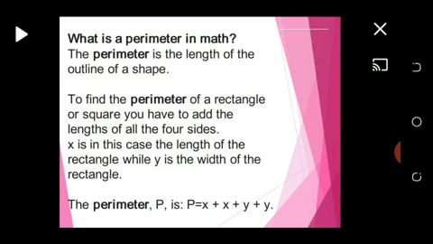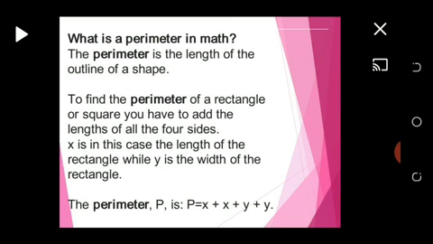No doubt. Similar, right? Now, having known that, in mathematics we're also talking about the same thing, then how do we find it? To find the parameter of a rectangle or square, you have to add all the lengths of all the four sides.